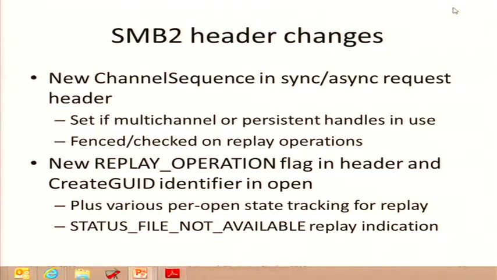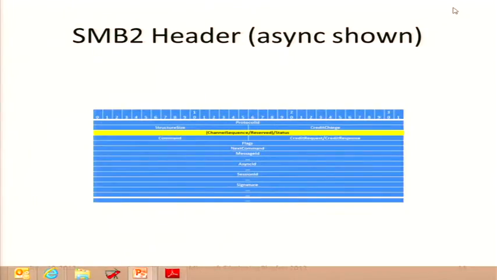There's a new replay operation flag in the header and a create GUID identifier in the open, plus various per open state tracking, et cetera, that you can find. This is behavior, not protocol, in the document. There's a new status code that can come back for a replay operation called status file not available, that flags that replay was detected, and further recovery is required before the replay can be resolved. All this stuff is in the doc.